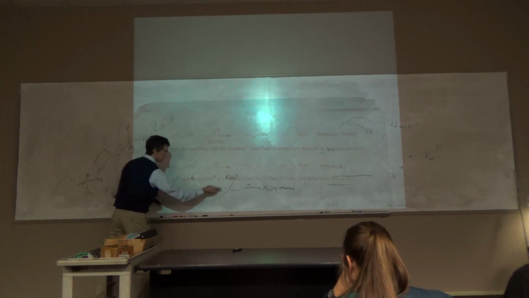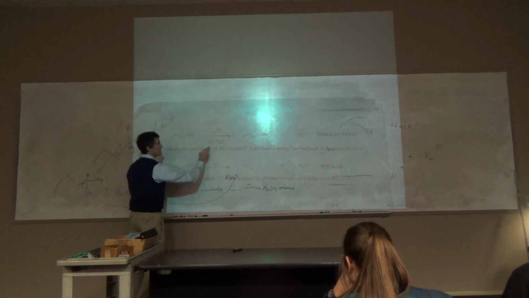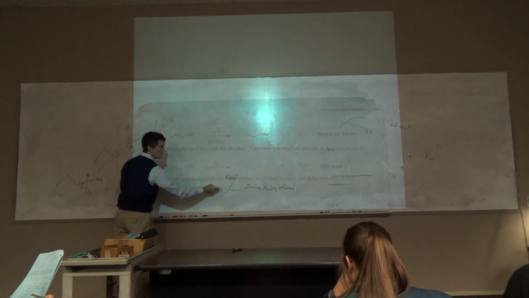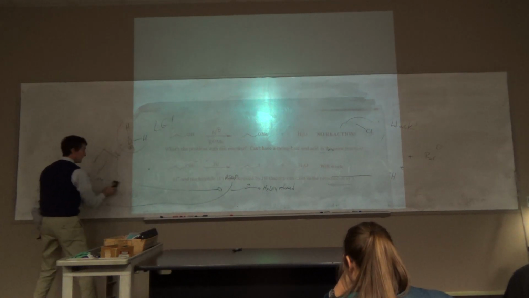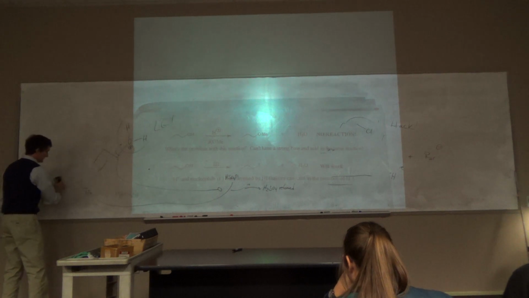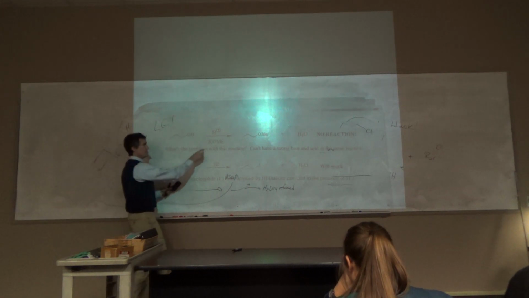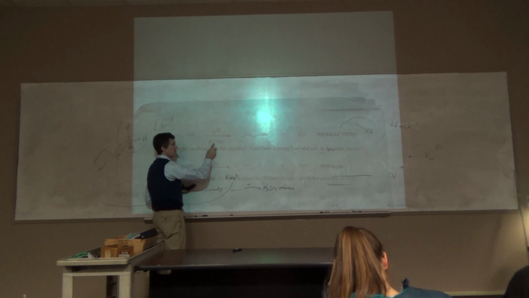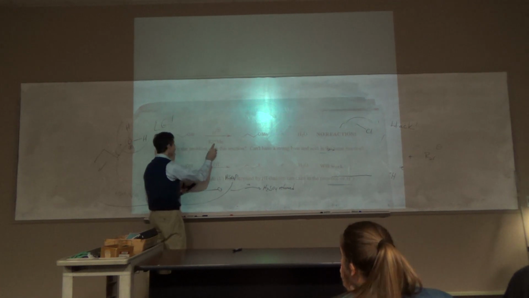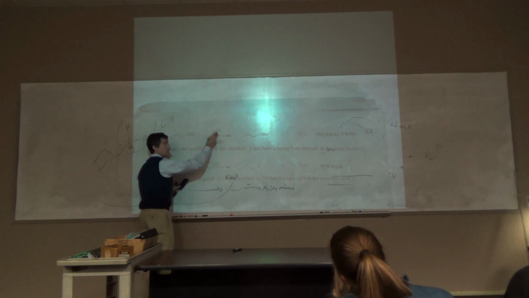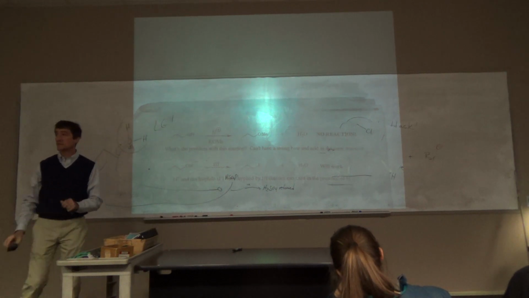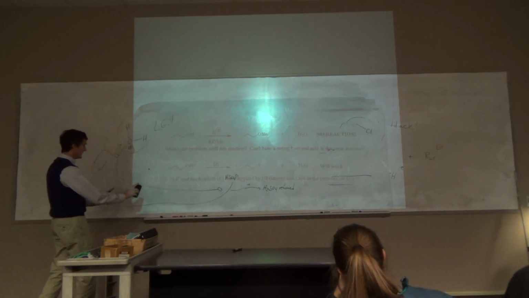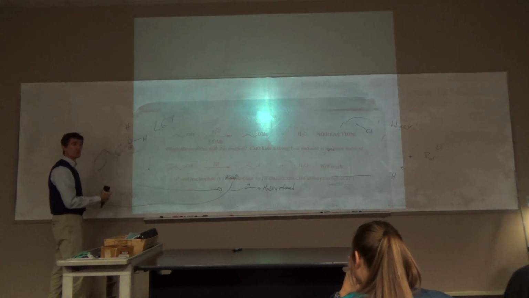What was the structure that attacked? Was it O minus or was it a neutral oxygen? Neutral oxygen. You cannot have a negative oxygen and an acid in the same reaction because a negative oxygen is a base, like hydroxide, right? You can't have hydroxide and acid in the same reaction. So in the example that worked, we had to use the neutral nucleophile.